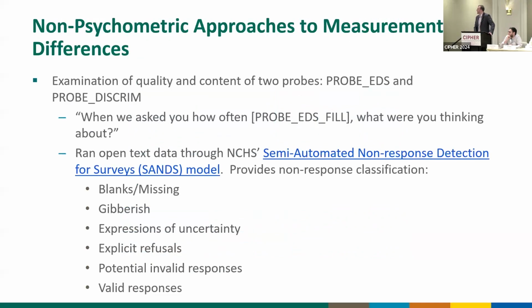Moving on to the non-psychometric approaches, I had 2 probes. One was an open-ended text probe. We have developed a large language model-based approach to actually qualify the quality of data of our open-ended text. It's called our SANS model. It's available on the NCHS website. And basically, we put in text data and we get out one of these codes, whether the data was blank or missing, gibberish, uncertain, explicit refusal, invalid, or a valid response.